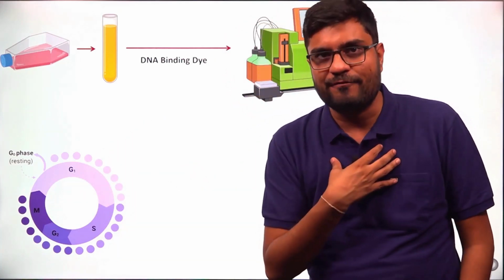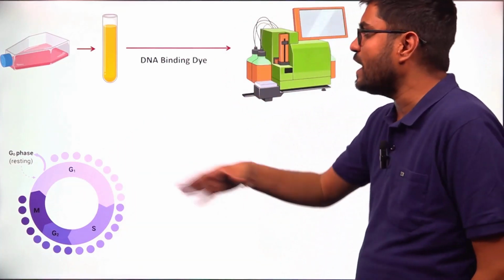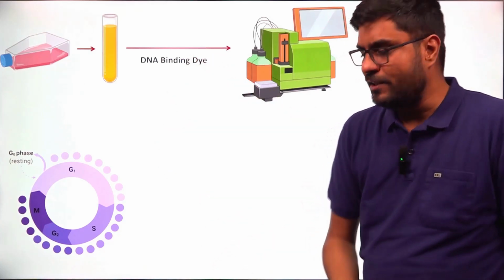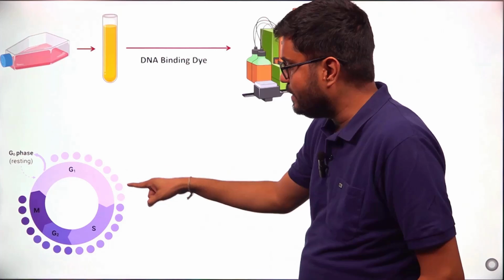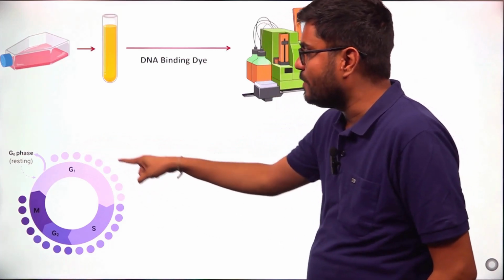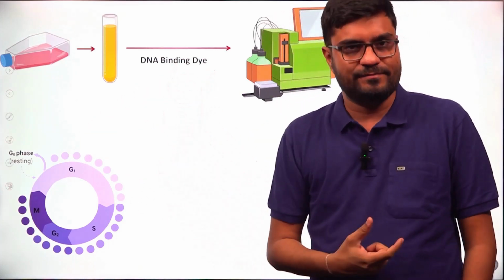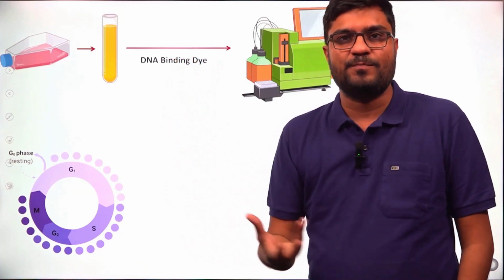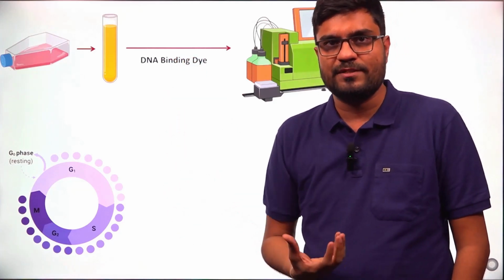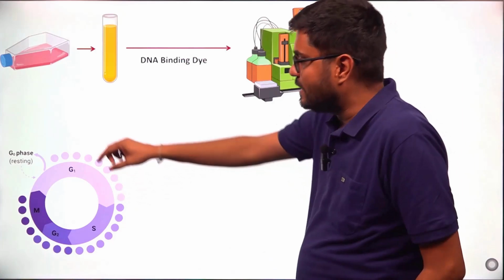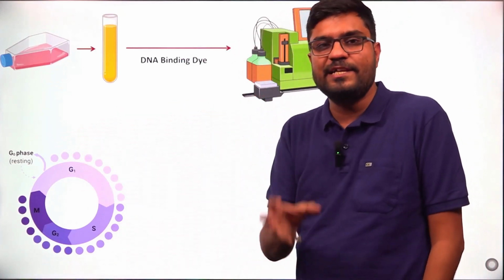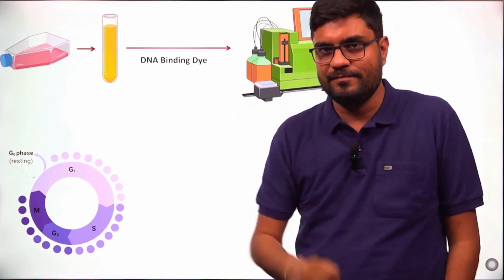So what kind of graph will I be getting? What I am using here is a DNA binding dye. So I can safely say that these cells will be having the least amount of DNA binding dye. One example is propidium iodide, which gives us fluorescence after the binding. So the cells which are present in G1 will be giving us the least amount of fluorescent signal.